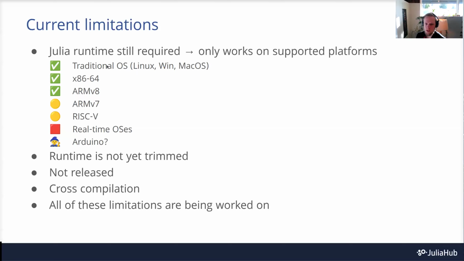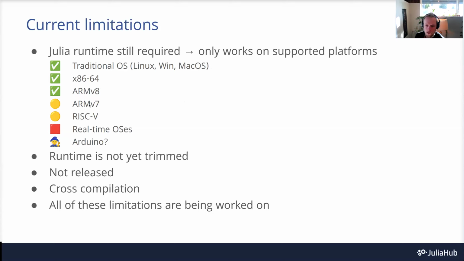The first point is that the Julia runtime is required. And that means that it only works on quote-unquote supported platforms. So if you're running a traditional operating system like Linux, Windows, or Mac OS, then you're probably good to go. And if you are on a processor like x86-64 or an ARM version 8 processor, then there should be no problems.